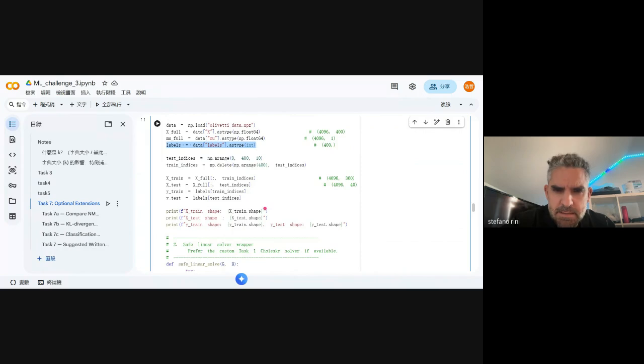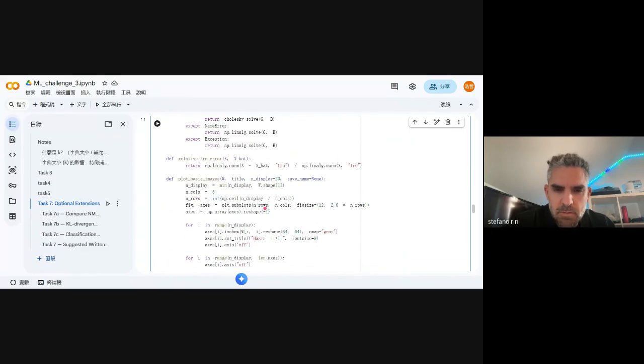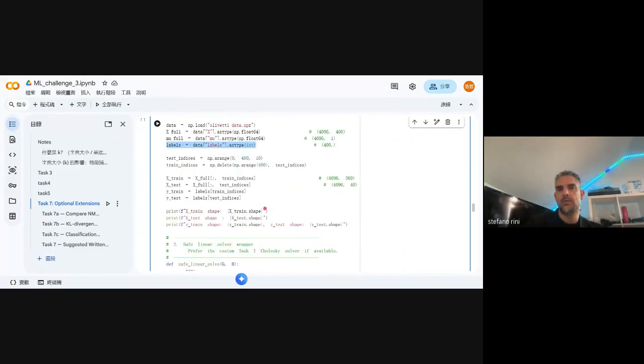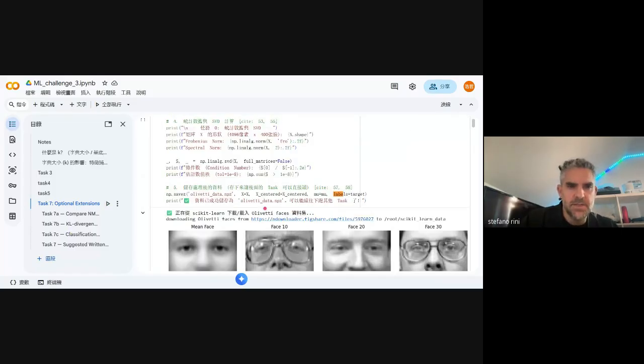Y test. Can you check the Y label? Should be faces Y label. Yeah, it should be. Let me check. I check a second there.